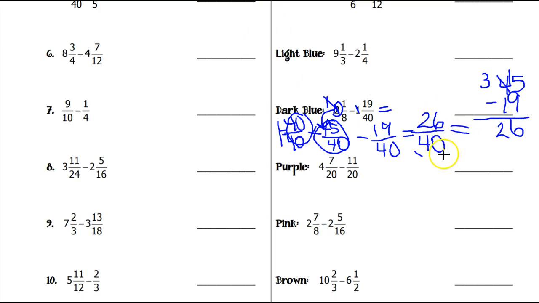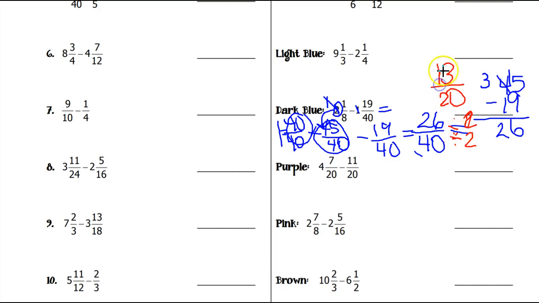So let's just divide these by 2. That'll make my number smaller. So what you do to the top, you have to do to the bottom. So 26 divided by 2 is 13. And 40 divided by 2 is 20.